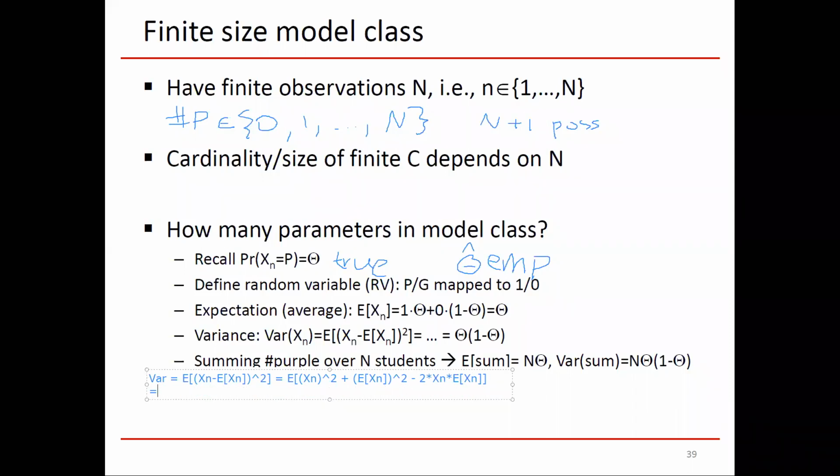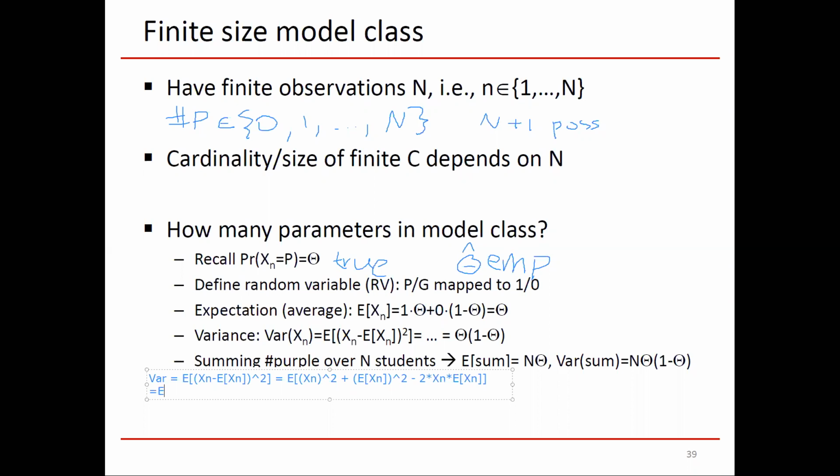Now, there's this nice feature of expectation. It's a linear operator. Expectation of three expressions, a plus b plus c, is the expected value of a plus the expected value of b plus the expected value of c, where a is Xn squared, b is the square of the expected value of Xn, and c is the third term.